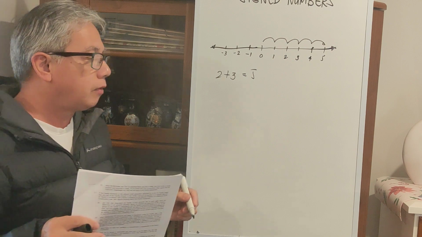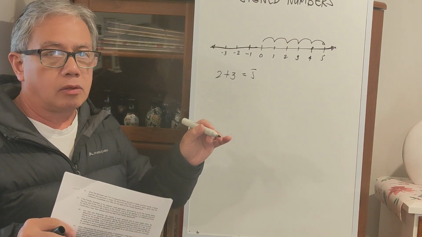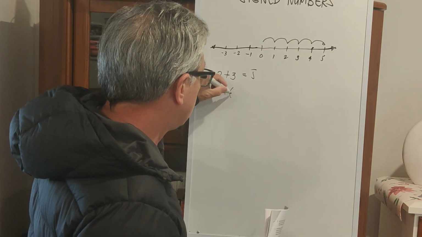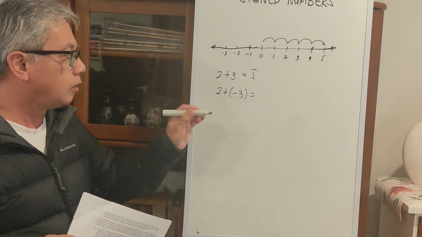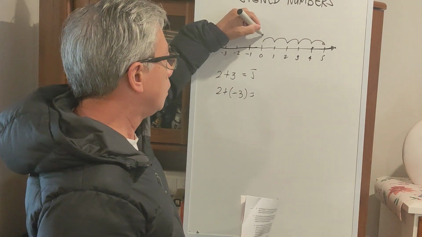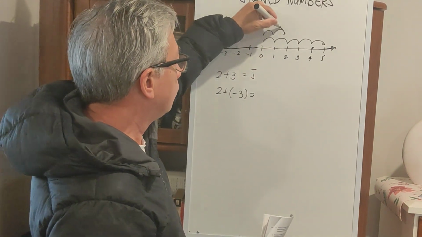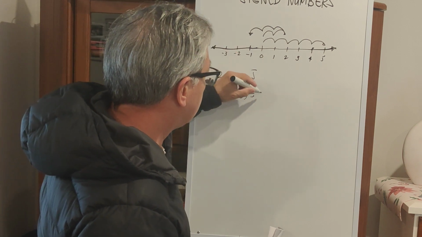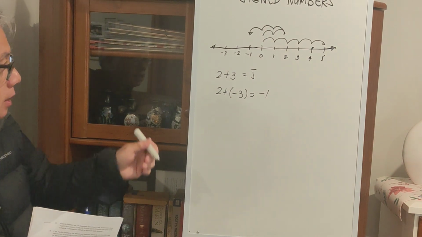But if you add a positive and a negative number, it will go the other way, like 2 plus -3. You go to the right with two numbers, 1, 2, and then -3, you go to the left: 1, 2, 3. So your answer will be -1.